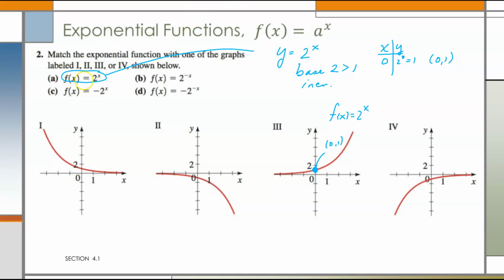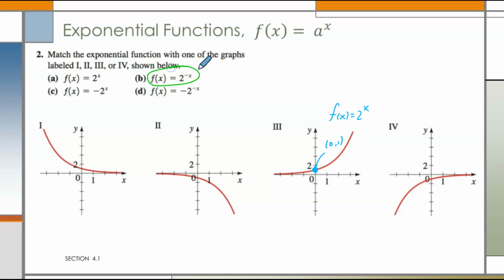Okay, so let's see how we can work with part B. Part B says 2 to the negative x power. f of x, or y, is equal to 2 to the negative x. When we see a negative in the exponent, what that does is flip this fraction.